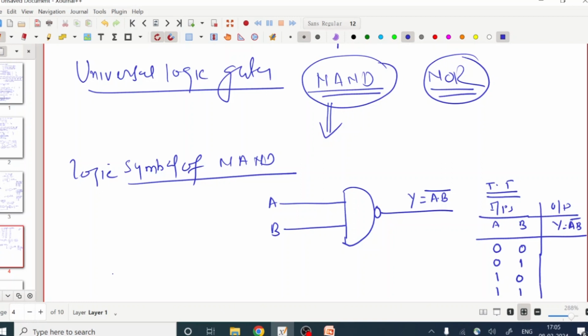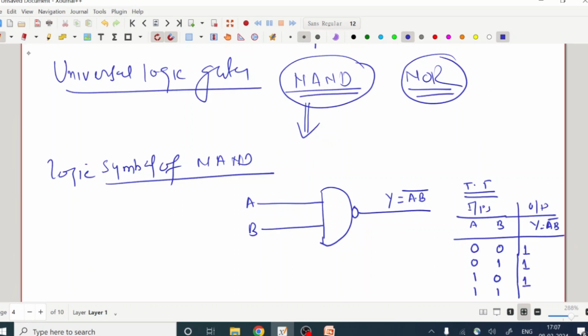What will be the output? In case of AND gate, when both inputs are 0 0, the output is also 0. Here we take the complement of AND, so the complement of 0 is 1, and the complement of 1 is 0.